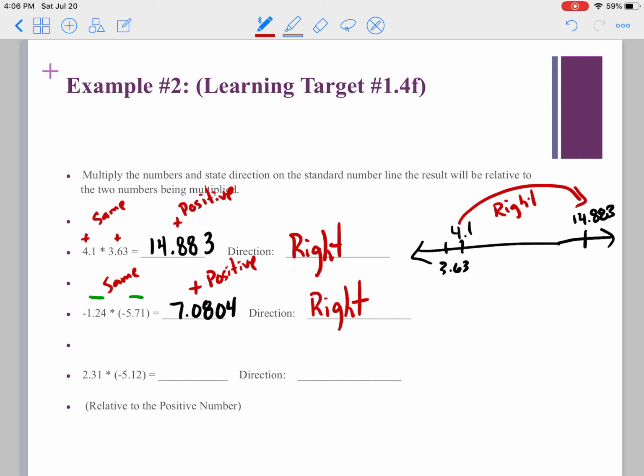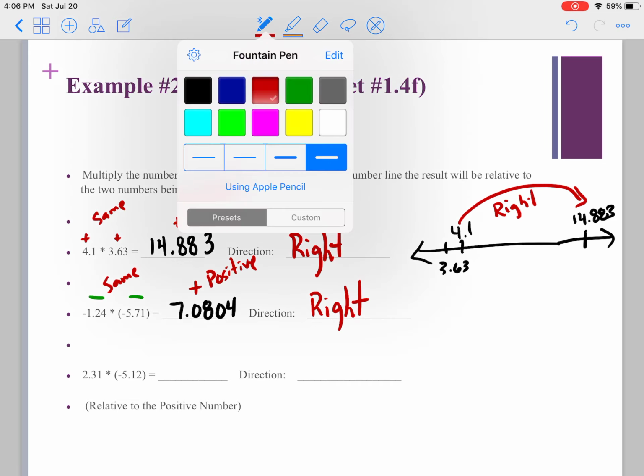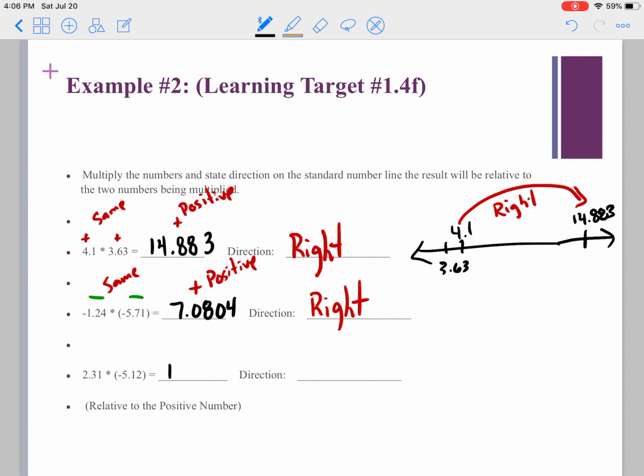Lastly, we have 2.31 being multiplied by a negative 5.12. And so our result is going to be 11.8272, but it's not going to be a positive. It is going to be a negative.